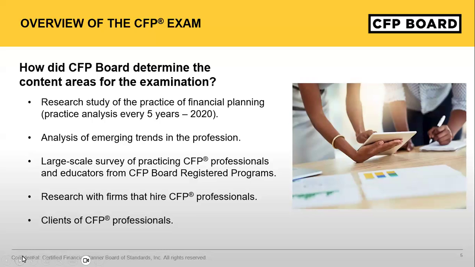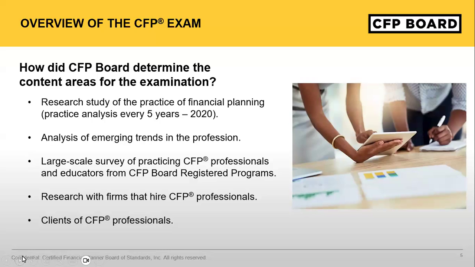It is the largest research study of the practice of financial planning in the United States. The last time the study was conducted was in 2020, and in 2025, CFP Board will be commencing another study to review, validate, or identify content areas for the exam.